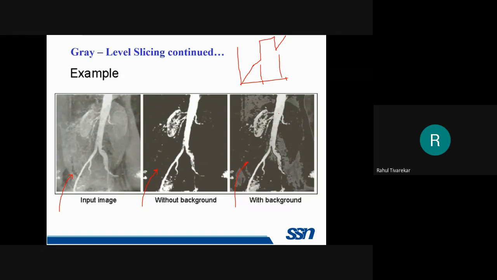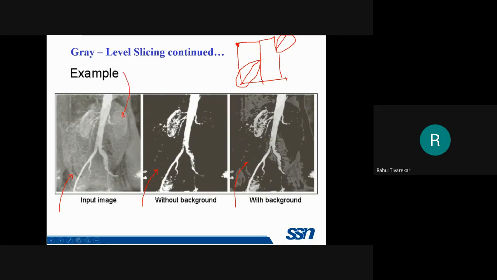So what you see here, darker shades are at this intensity level, and the other gray levels you see are there because they lie before A and after B, and they carry the same intensity as that available in the original input image.